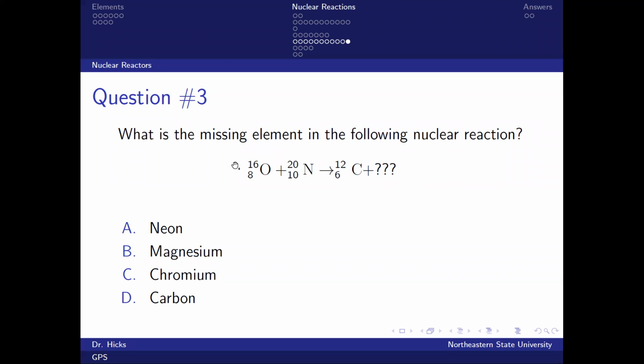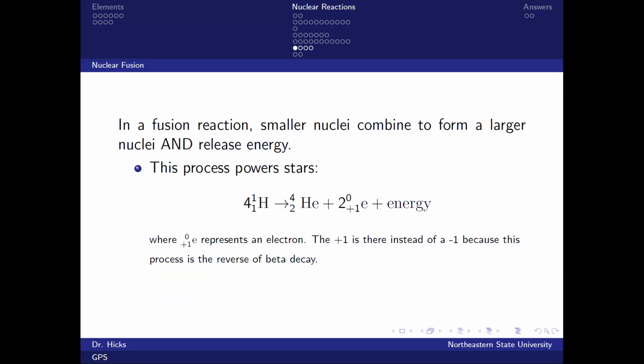And when you work this out yourself, you apply the same rules as before. Atomic number is the same on both sides, and atomic mass is the same on both sides. And that's an example of a fusion reaction, where you have smaller nuclei coming together to form a larger nuclei and release energy.